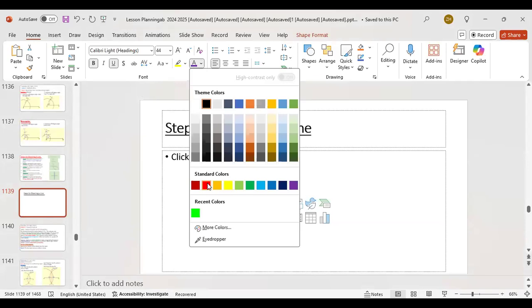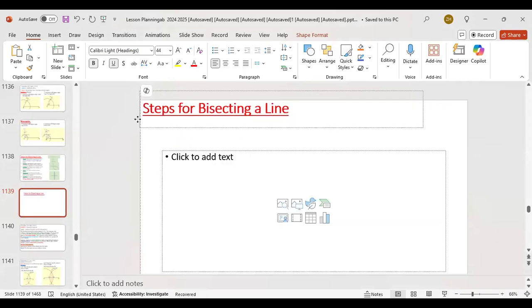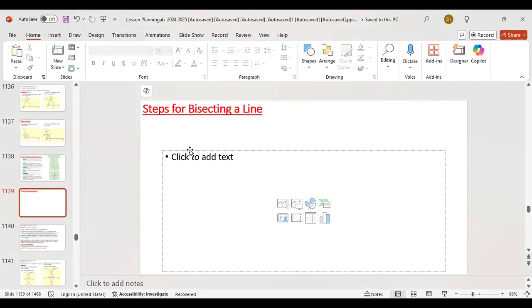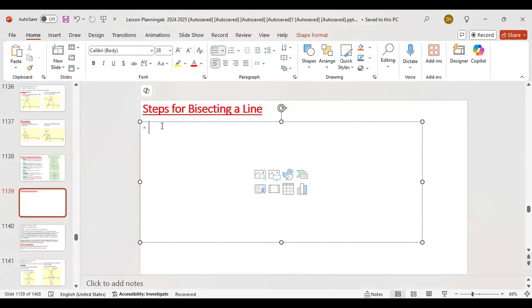Very good. So the first thing we want to do, step number 1, is start off with drawing the line, or line segment. So it says draw the line segment.